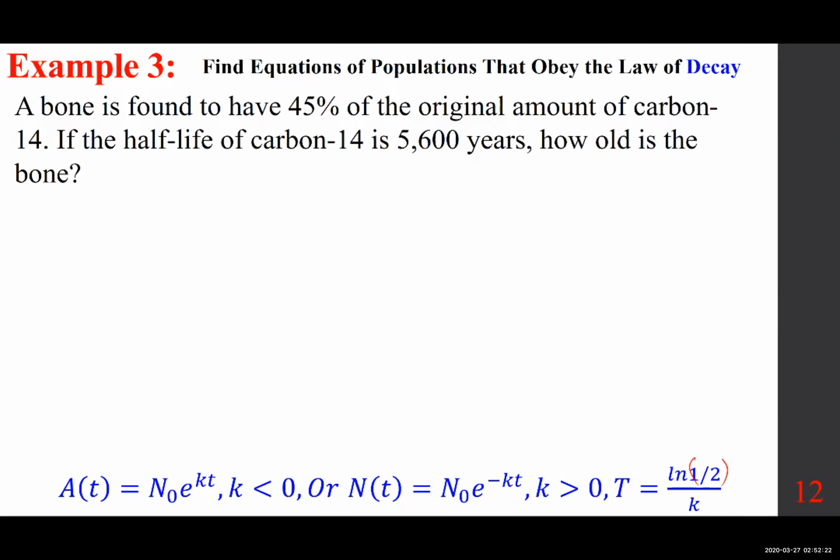So it says, how old is this? A bone is found to have 45% of the original amount of carbon-14, if the half-life is 5,600. How old is the bone?